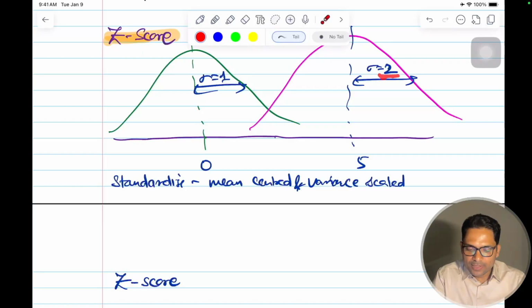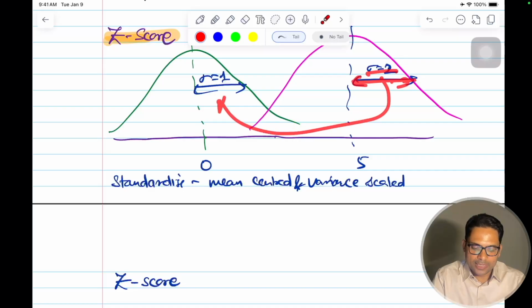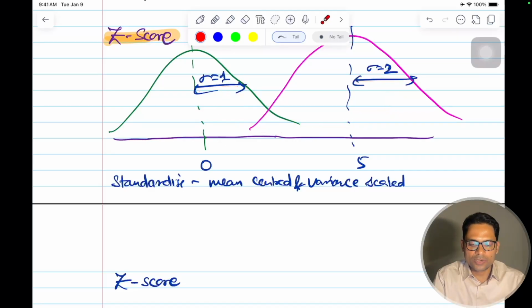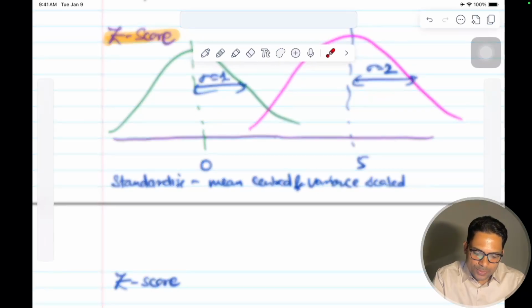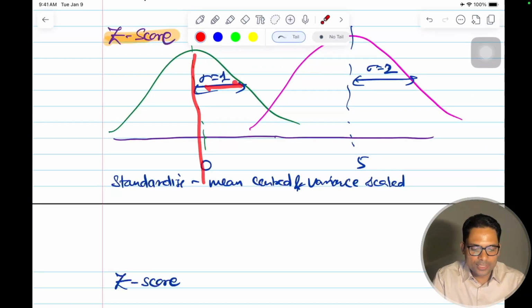If I divide by the standard deviation, which is the square root of variance, by 2, then my standard deviation will also become 1. Whatever the standard deviation of all these data points is, if I divide by the standard deviation of this distribution, it will become 1. And that's what I want: the mean should be 0 and the variance should be 1. So mean centered and variance scaled.